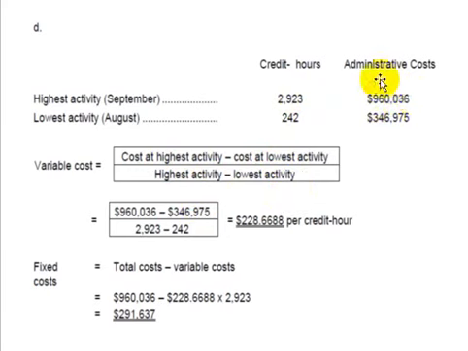Highest level: 960,036 minus 346,975, divided by highest level 2923 minus 242, equals B, or the slope, 228.6.